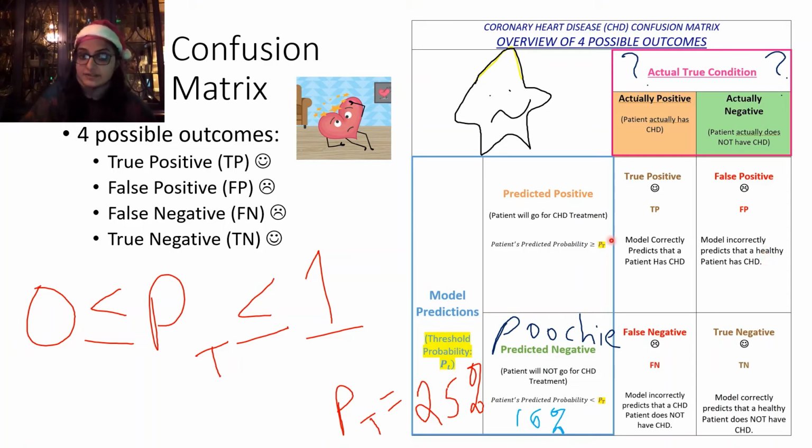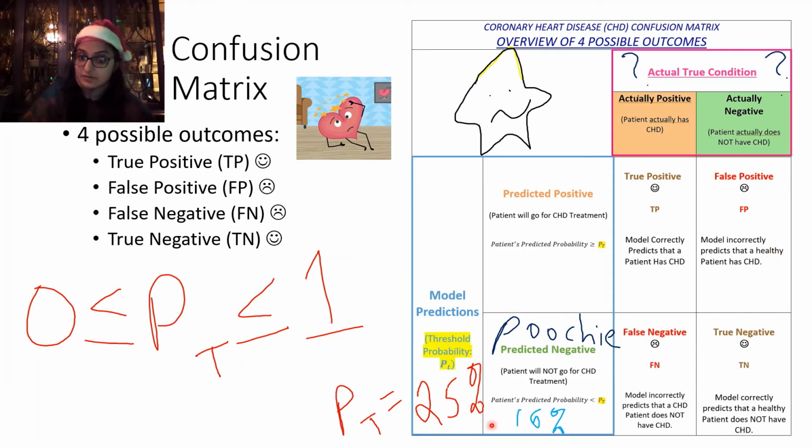But for this doctor with 25%, it's so much worse to have a false negative than a false positive. So the doctor said, okay, well, I'd rather you wrongly go for CHD treatment, even if you don't have it, than risk you missing out on CHD treatment when you do have it. So the false positive, you're basically predicting a patient has coronary heart disease, but they're actually healthy.